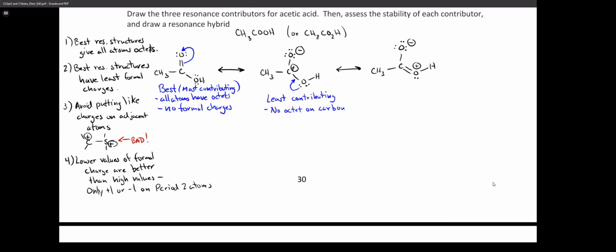And of all those rules, the least important rule is that it's better to put negative formal charges on more electronegative atoms.